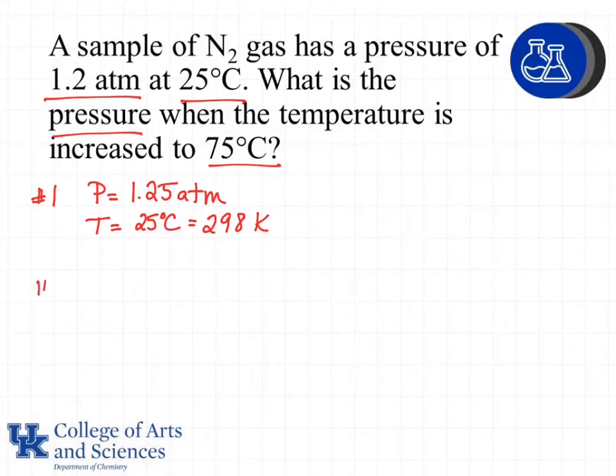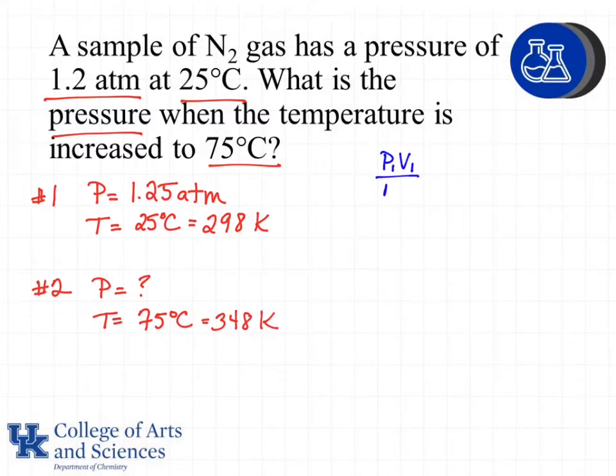Now I need to look for my conditions number 2, and I see that the pressure is my unknown, and my final temperature is 75 degrees Celsius, which I need to convert to Kelvin and get 348 Kelvin.